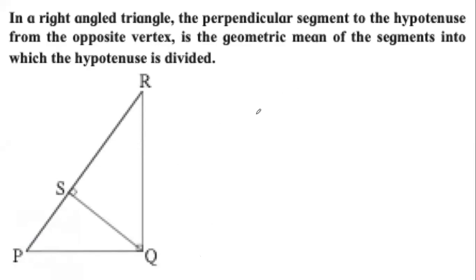Now, what the theorem of geometric mean tells us is that if we have a right angle triangle and an altitude drawn to its hypotenuse, so that altitude is QS and the bigger right angle triangle is PQR, where angle Q is equal to 90 degrees, the theorem says QS square equals PS into RS.